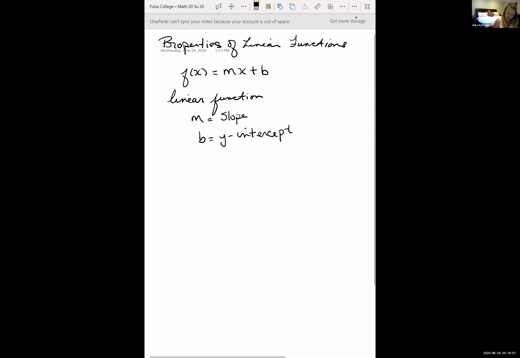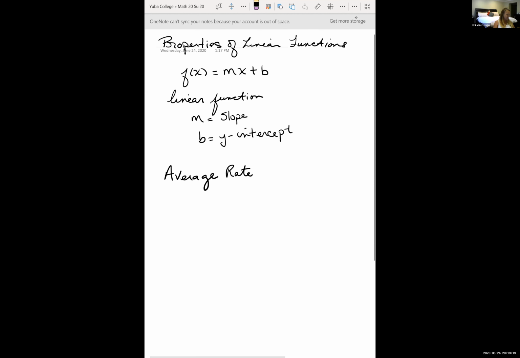The average rate of change, we talked about this yesterday, looking at the average rate of change between 2 points on some function. Basically, we were looking at the change in our y values over the change in our x values, which was similar to finding the slope between 2 points.